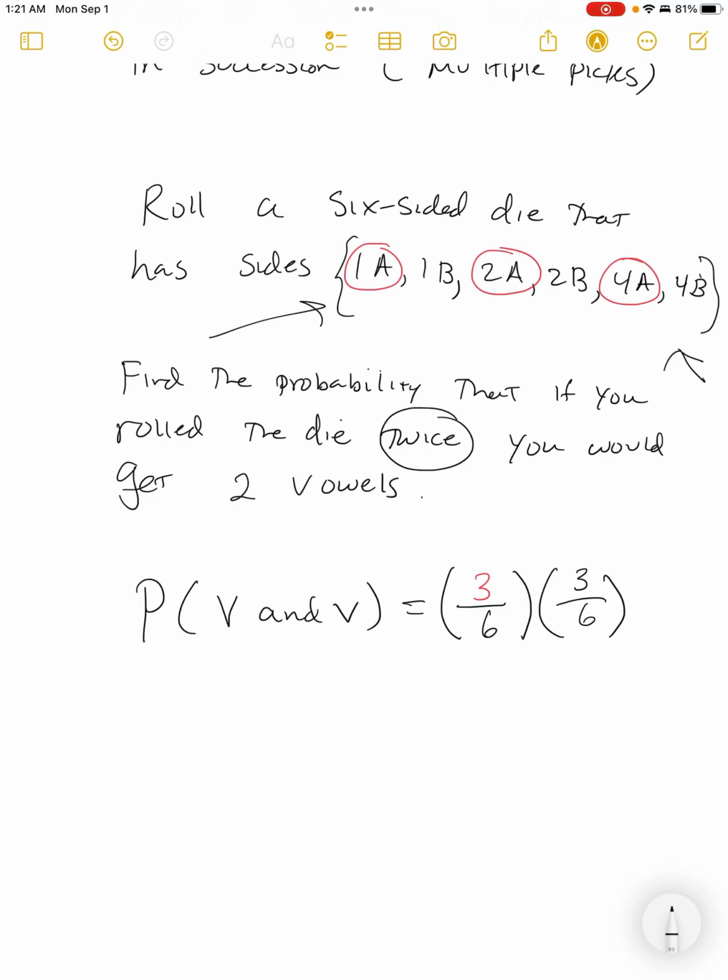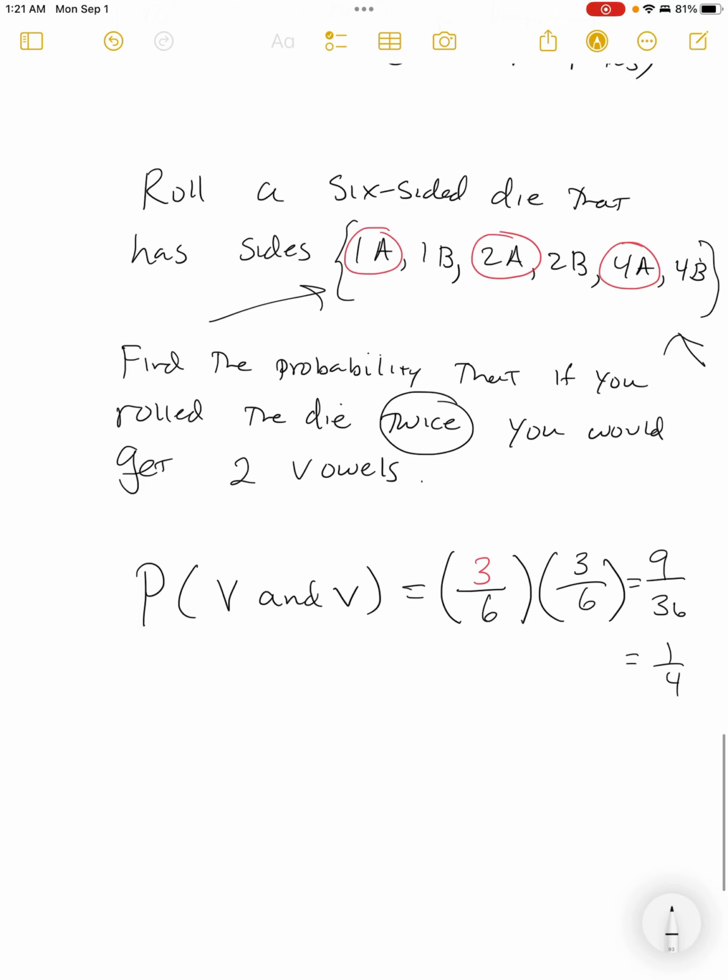All 6 could come up again, and 3 of them are vowels. And so we multiply these. 3 times 3 is 9. 6 times 6 is 36, right? So it could be left just like that. We could reduce it down to be 1/4.